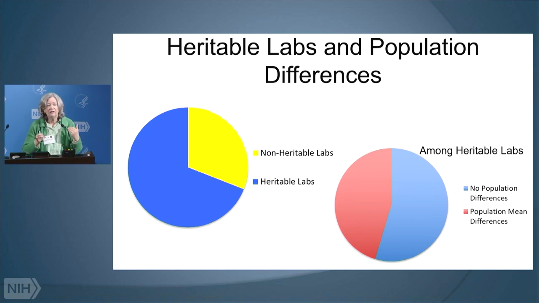Half of them have significant mean differences by EHR-reported race ethnicity, and a not insubstantial fraction differ significantly in the variances. And especially among populations of recent African genetic ancestries, the fact that there's a much longer population history, larger effective population size, means those populations have much more genetic variation. They have much more functional variation.